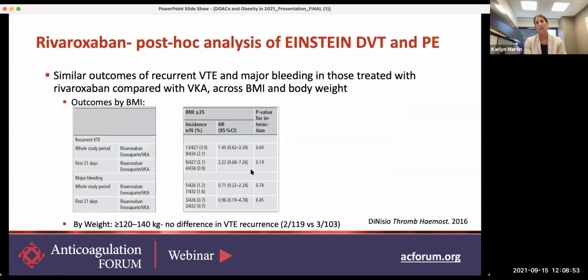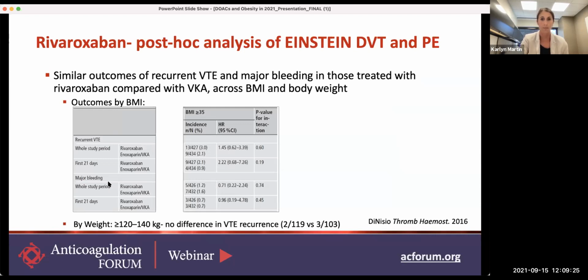First, this is looking at rivaroxaban in the post hoc analysis of the EINSTEIN DVT and PE studies. These authors analyzed the primary outcome, which is recurrent VTE, as well as major bleeding by weight categories, both BMI and weight. Here I've pulled out the findings for the highest BMI, which in this study was greater than or equal to 35. They divided it into the whole study period, which is 12 months, as well as the first 21 days.